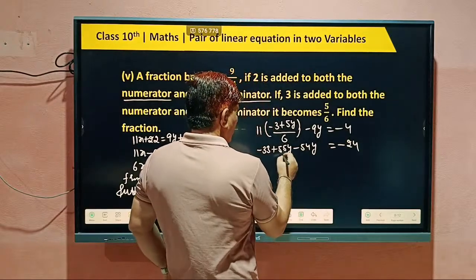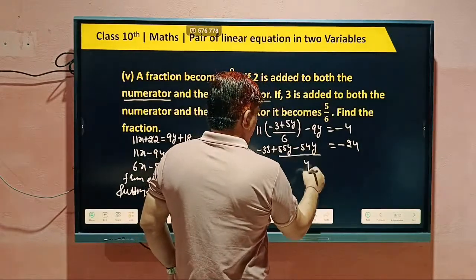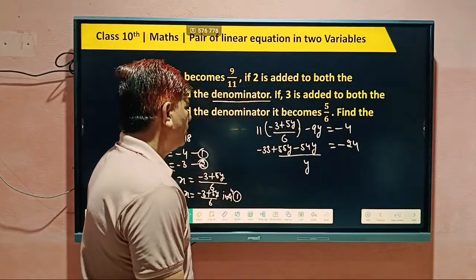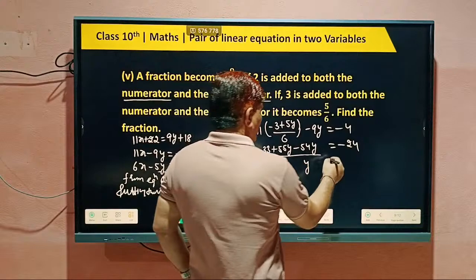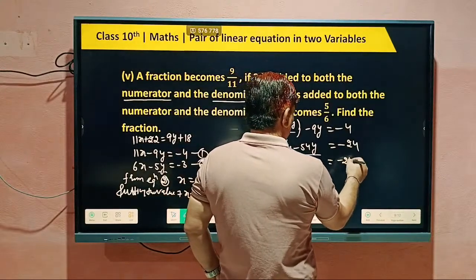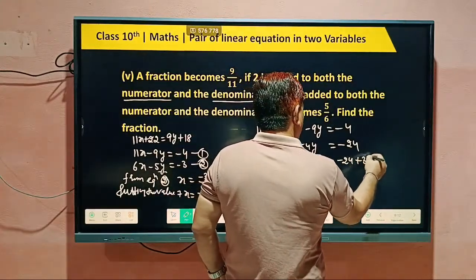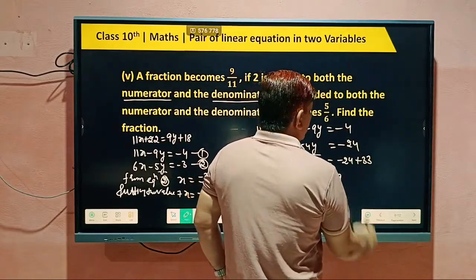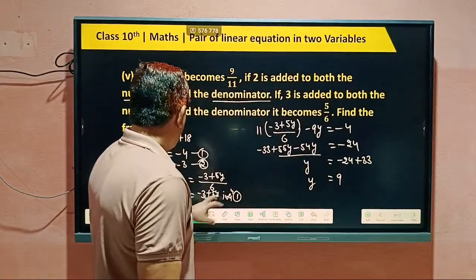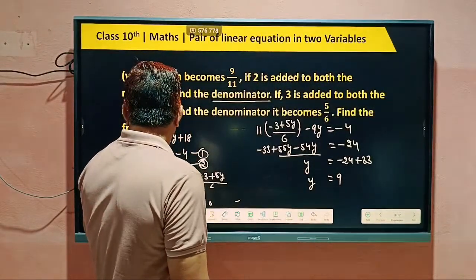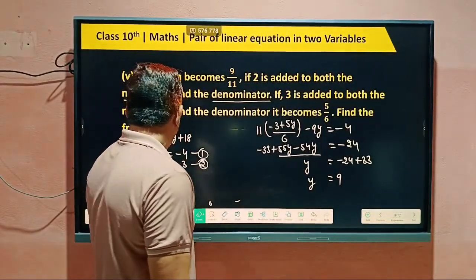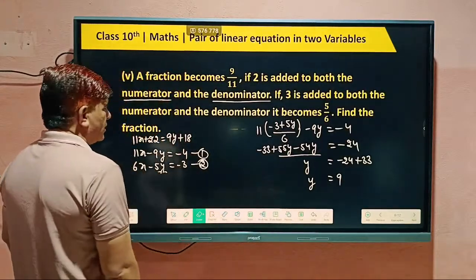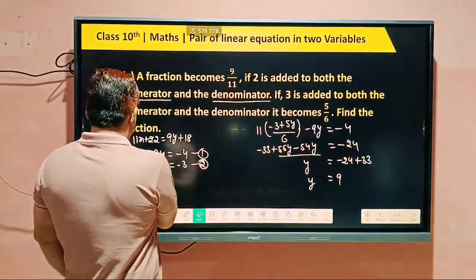So what does it mean? If you operate on these, y is left: 55 minus 54, y is equal to minus 24 plus 33. It means y is coming equal to 9. Now putting the value of y in the first equation, it becomes this.